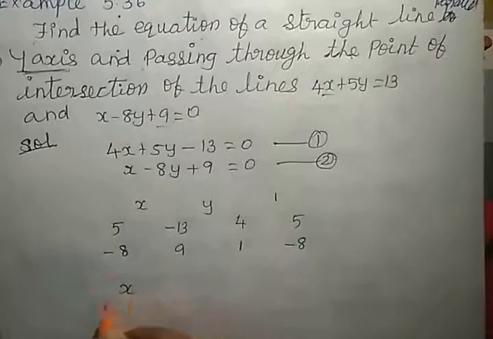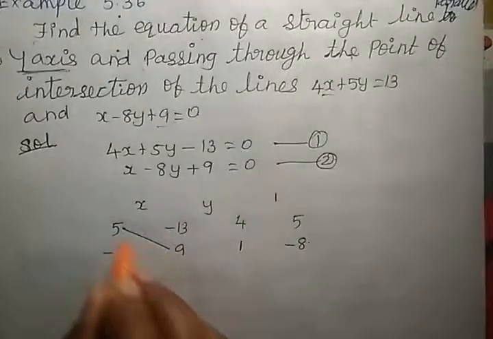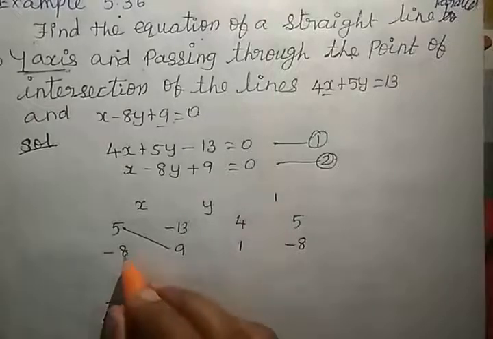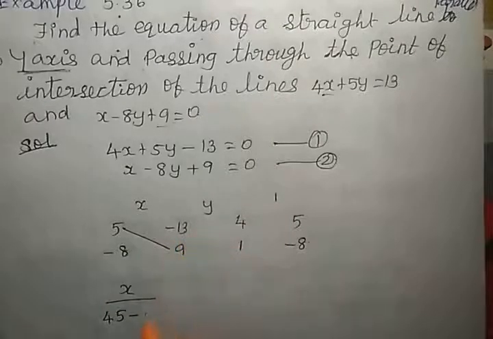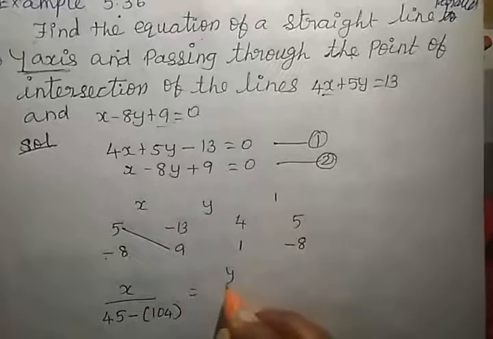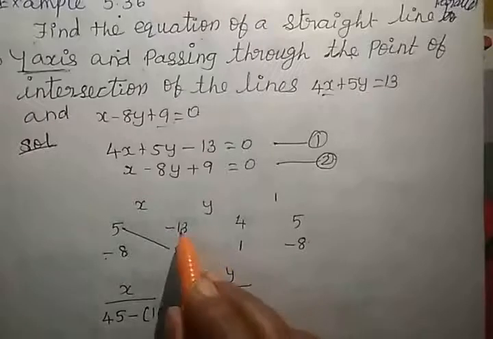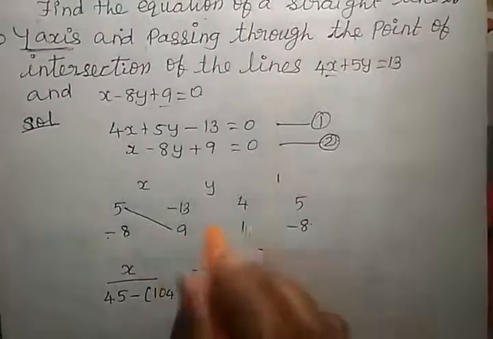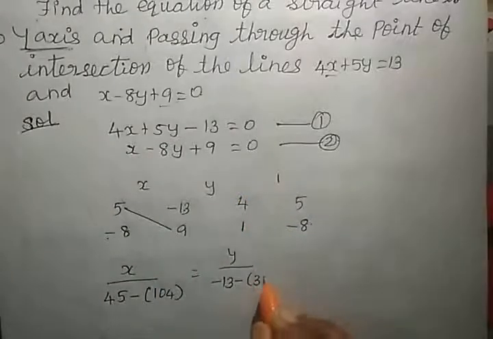So x by, first cross multiplication, 5 nines are 45 minus 8 thirteens are 104. So minus into minus is plus, so that is 104 plus. Next y by 13 into 1 is 13, that is minus 13. 9 fours are 36. So both are minus.